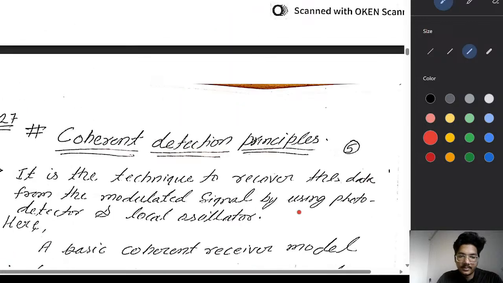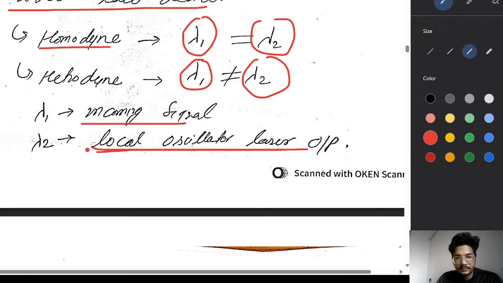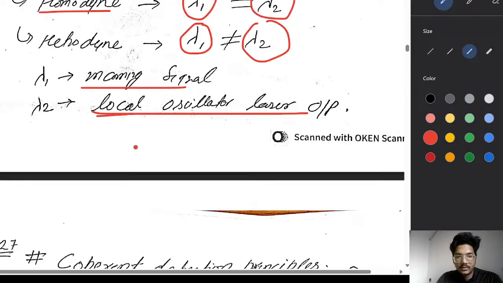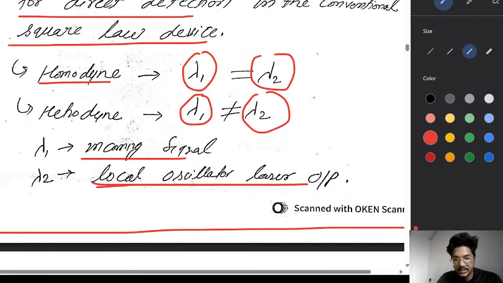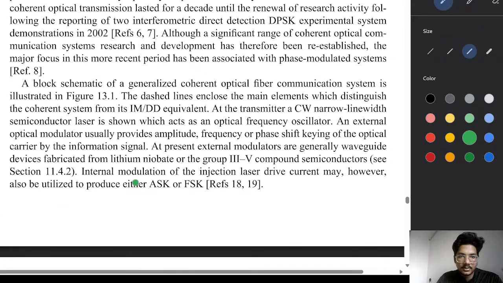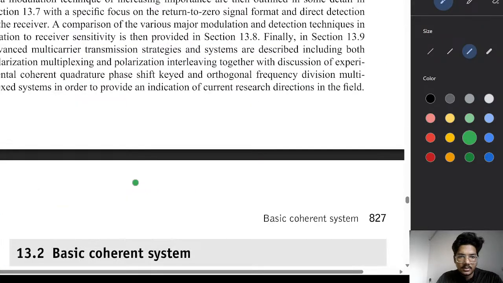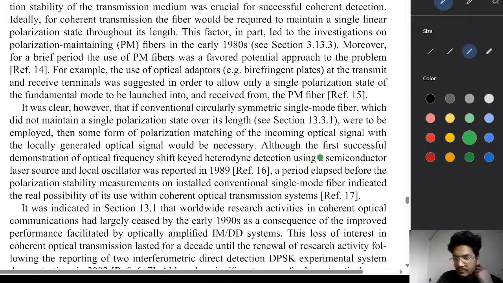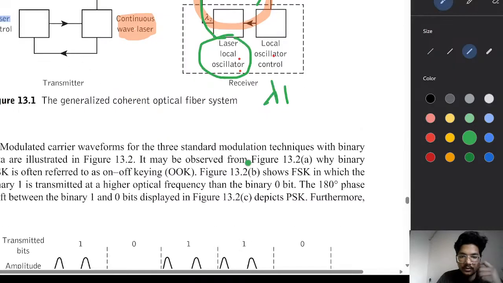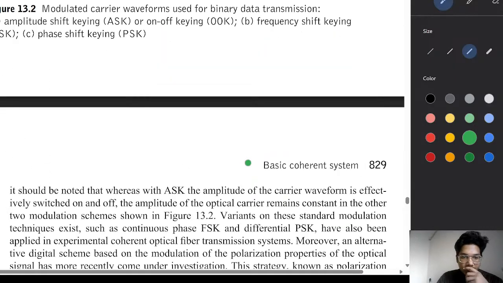Now we have understood what a coherent system is, and now we move forward to the coherent detection principle.